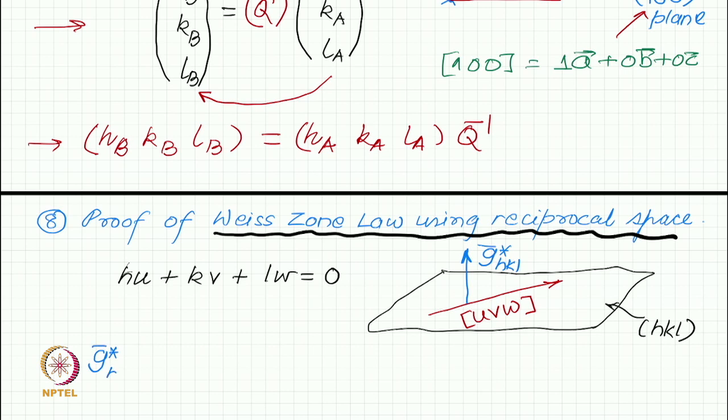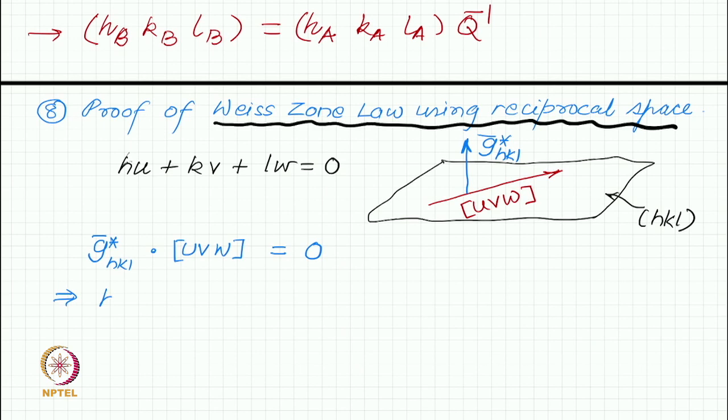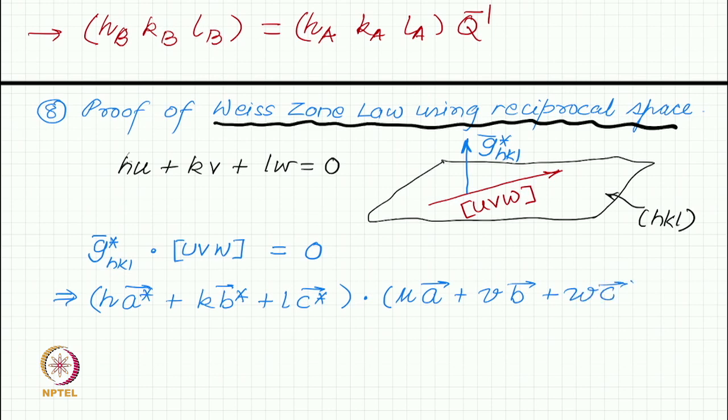So, G star H k L dot u v w is 0, but G star H k L is just a short form, we have just said it is short form of H a star plus k b star plus L c star, and u v w inside bracket is just a short form of u a plus v b plus w c, and this is 0.